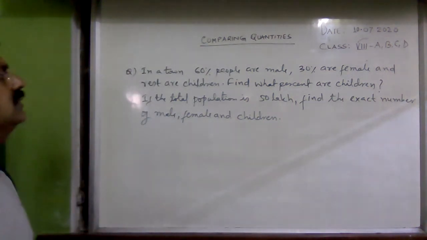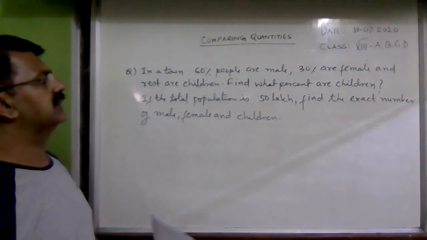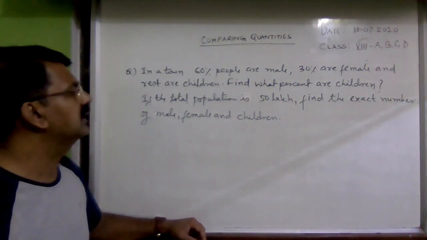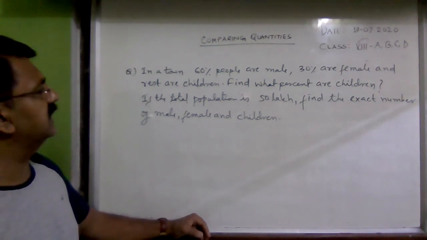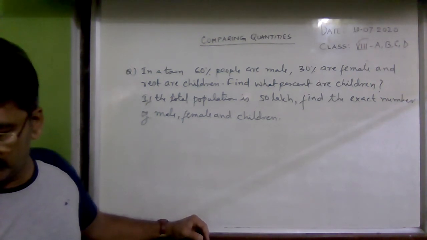So in a town, 60% people are male, 30% female, and rest are children. Now find what percent are children, first of all.